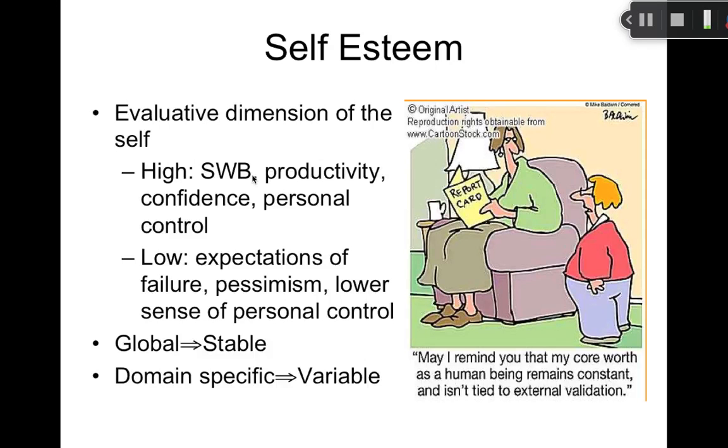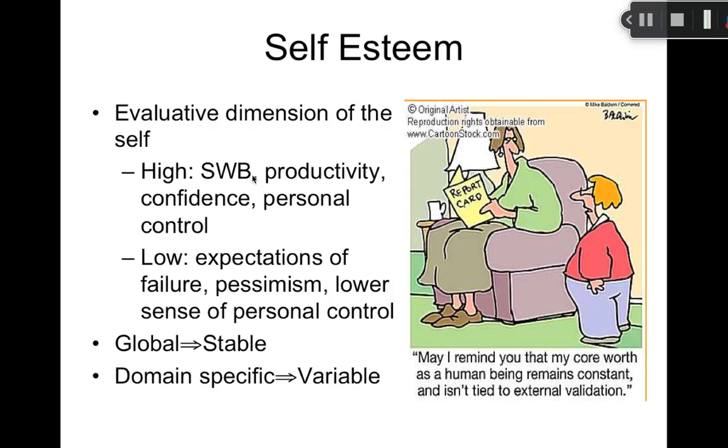They have a greater sense of personal control, that is, they feel like they have control over the things that they find reinforcing in life. Whereas low scores correlate with expectations of failure, pessimism, and a lower sense of personal control. So the higher you score on this self-esteem measure, the more of that stuff called self-esteem that you have seems to be correlated with other positive stuff.